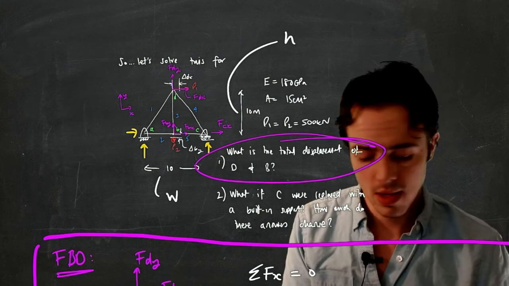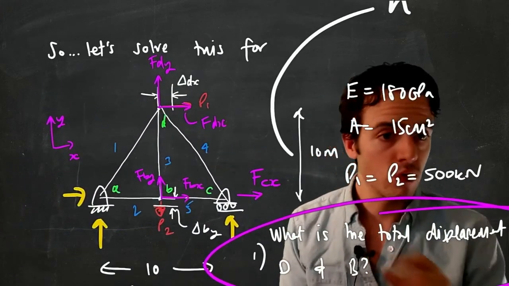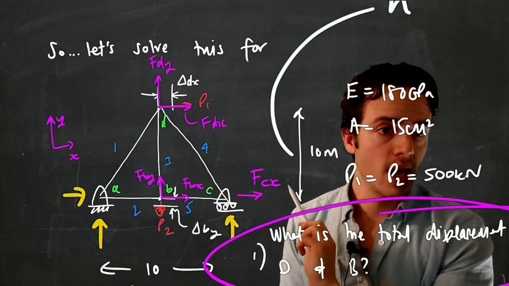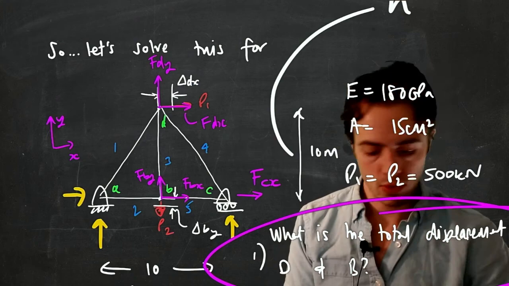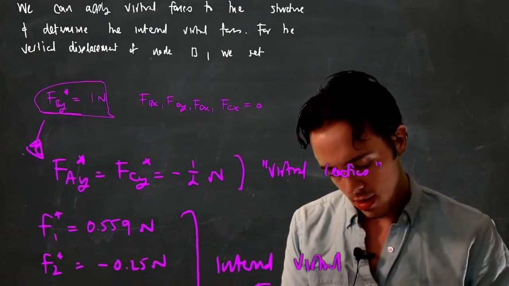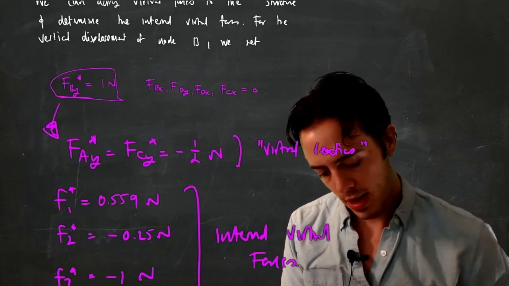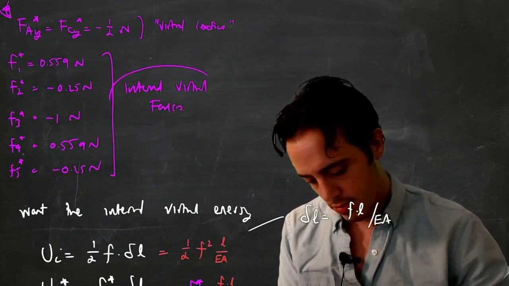It's just the same procedure, but you've got to respectively apply virtual forces at Fbx, Fdy, and Fdx. And all that's going to do is change these numbers. So these are the bits that are going to change for the different virtual loadings.